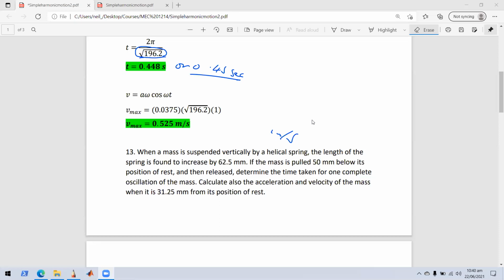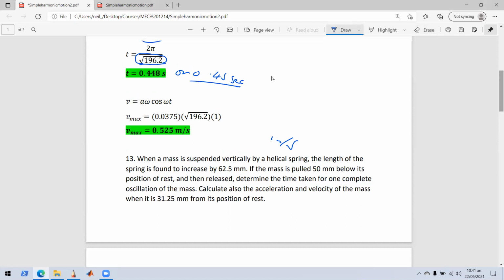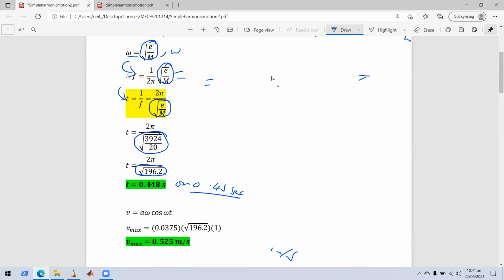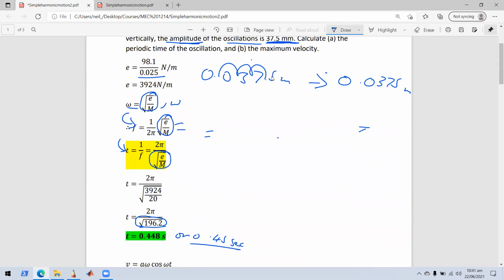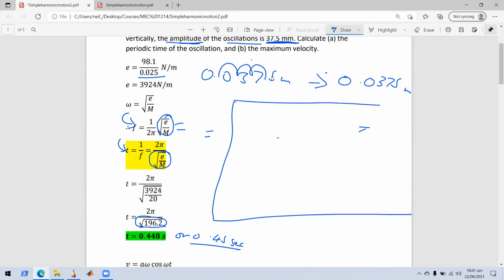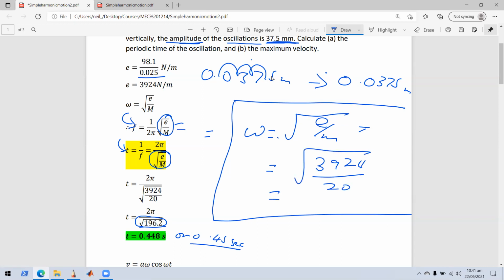Matthew is not getting the same value for omega. Okay, let's just do it from the top here. Omega, draw a square root, right? Pay attention to the square root. Omega is equal to the square root of E divided by M, right? This M here is mass. So E is 3924. M is 20.